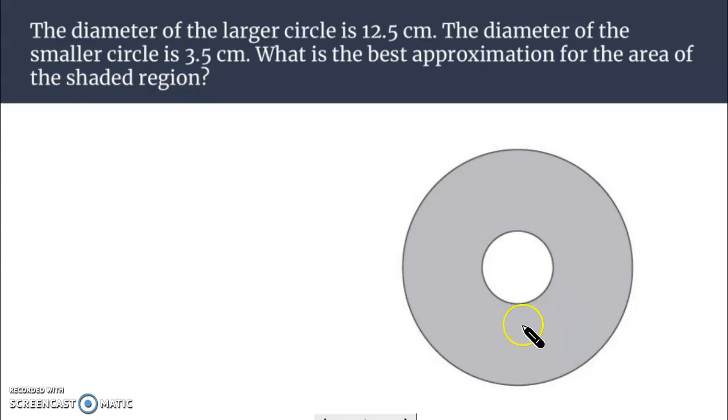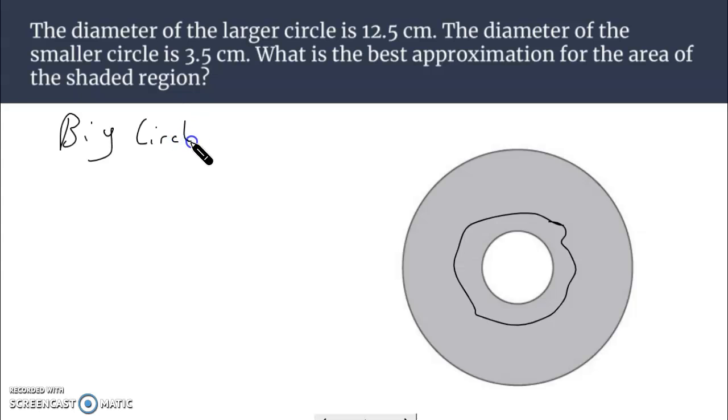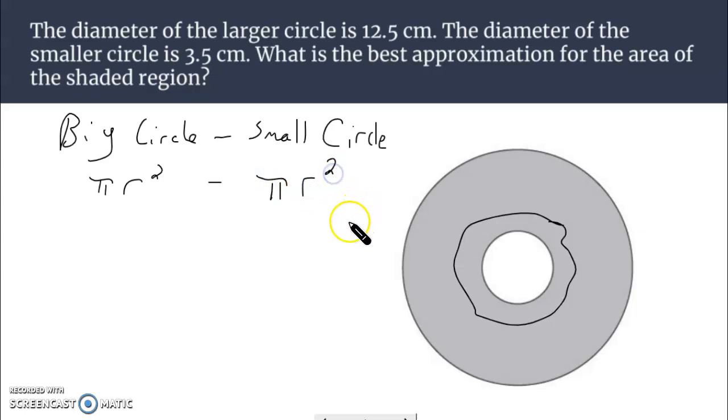Look at this one. We have another shaded area. What's the approximation for the shaded area? So we have big circle, and we just need to subtract away the small circle. Alright, so in essence, pi r squared minus pi r squared, and the radius will be different for both of them.